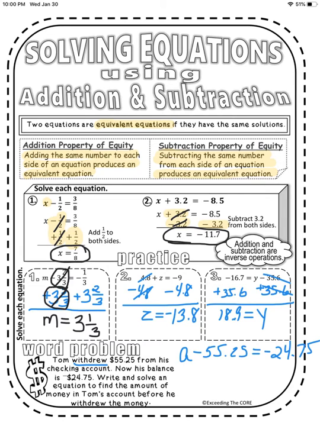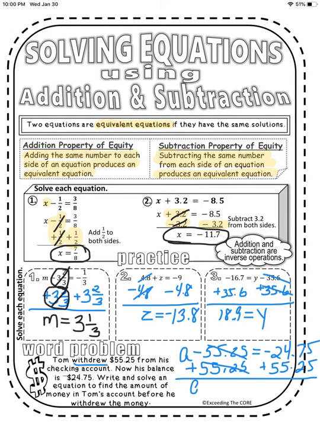Okay, now that I have my equation, I notice that we're subtracting 55.25 from A, so I'm going to add 55.25, and I'm going to add it to the right side of the equal sign. And on the left side, the numbers cancel out.